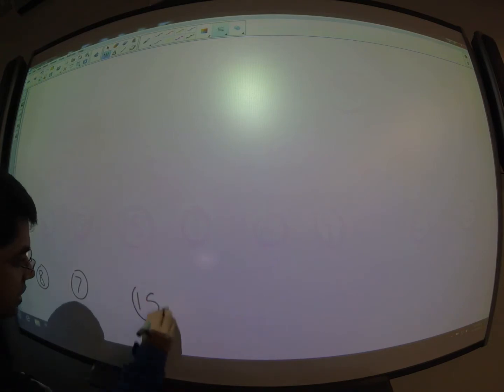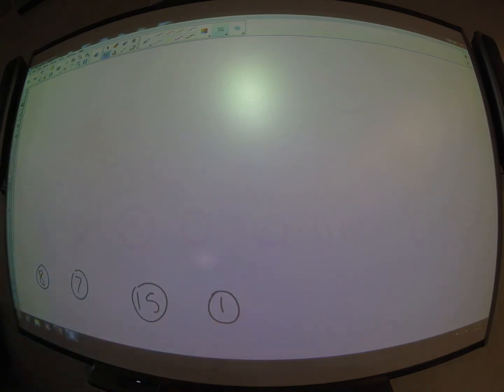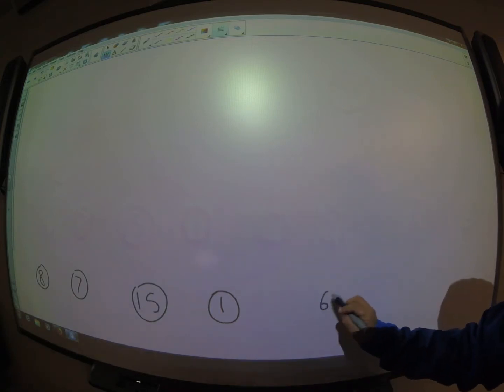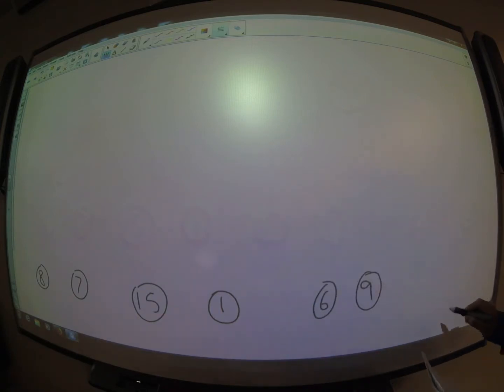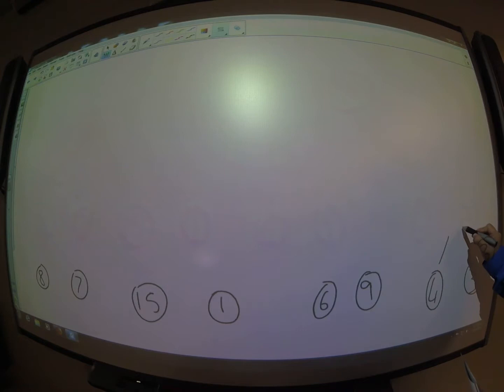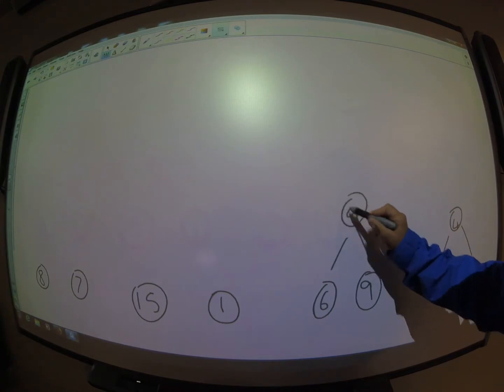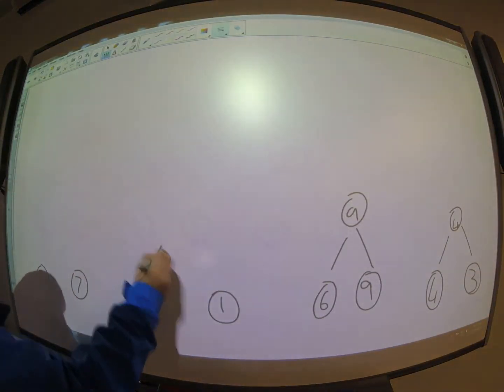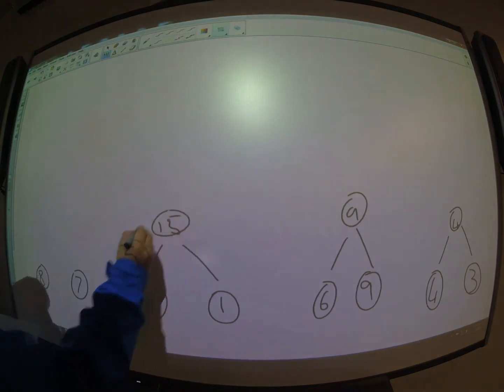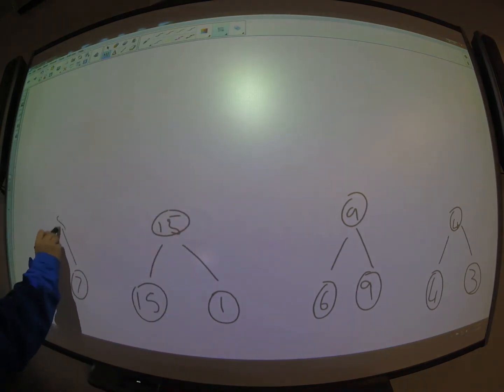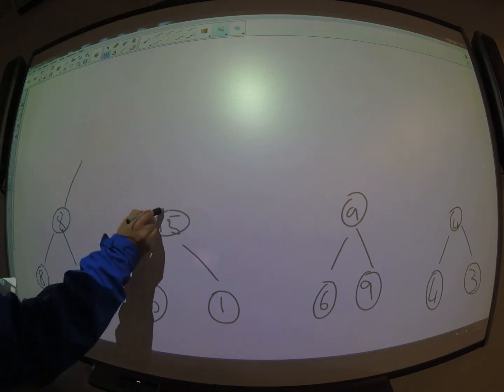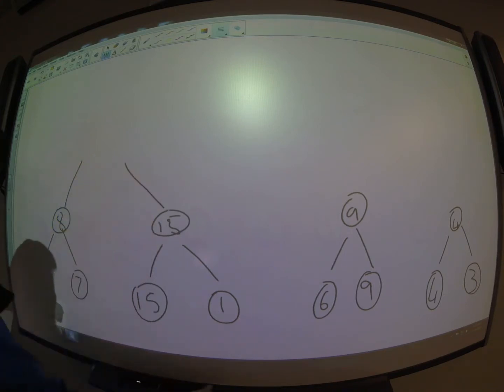So I have 8 and 7, 15 and 1, 6 and 9, 4 and 3, 4, 5. What structure will you use to save this while I do this?